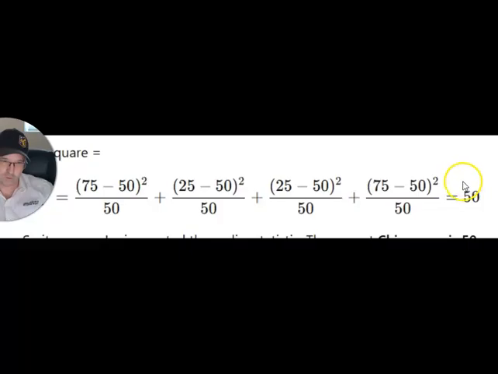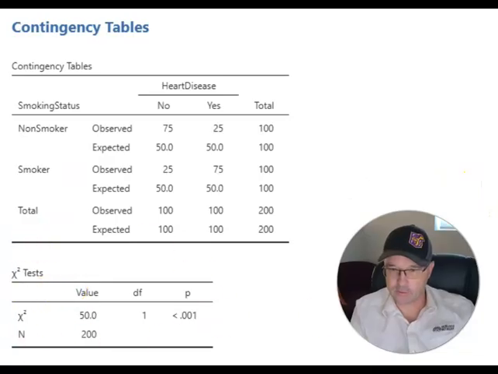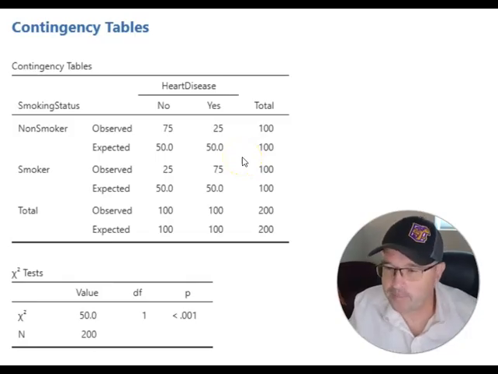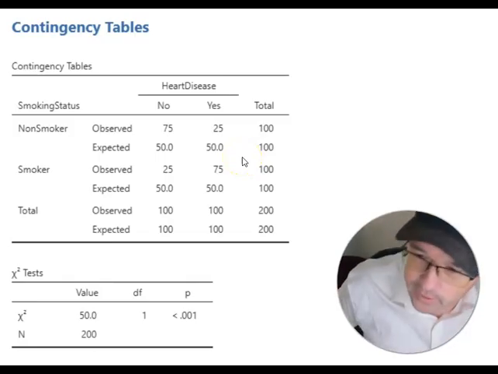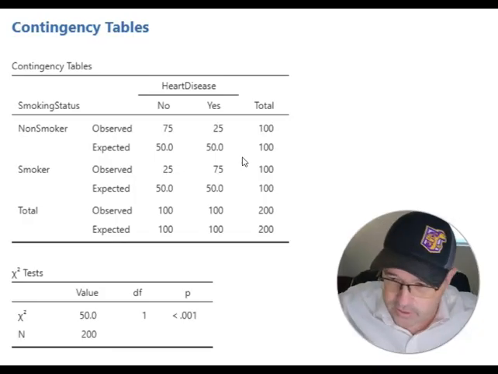And of course, this gives us our chi-square of 50, which in our chi-squared table, we get 50 right there, right? So observed and expected, those were our 2 values that we just saw in those formulas. And that shows us basically how we could have gotten those numbers, okay?